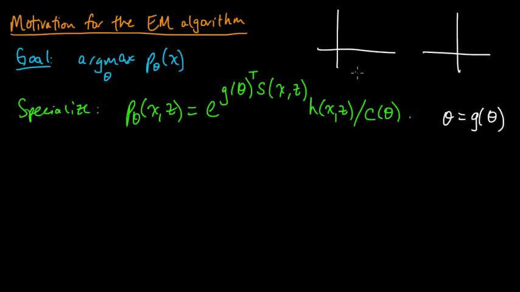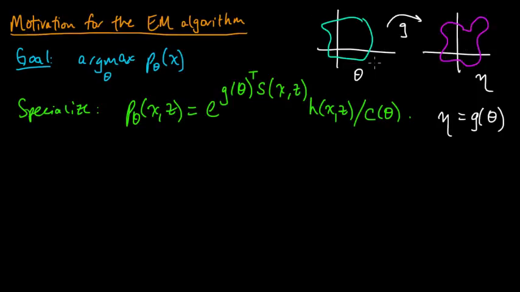Let's suppose that this is theta, where theta lives over here. And let's call g of theta eta. Suppose it wasn't equal to theta. So g is a map that takes us from thetas to etas. Let's draw the set of thetas, and then over here is the set of etas.